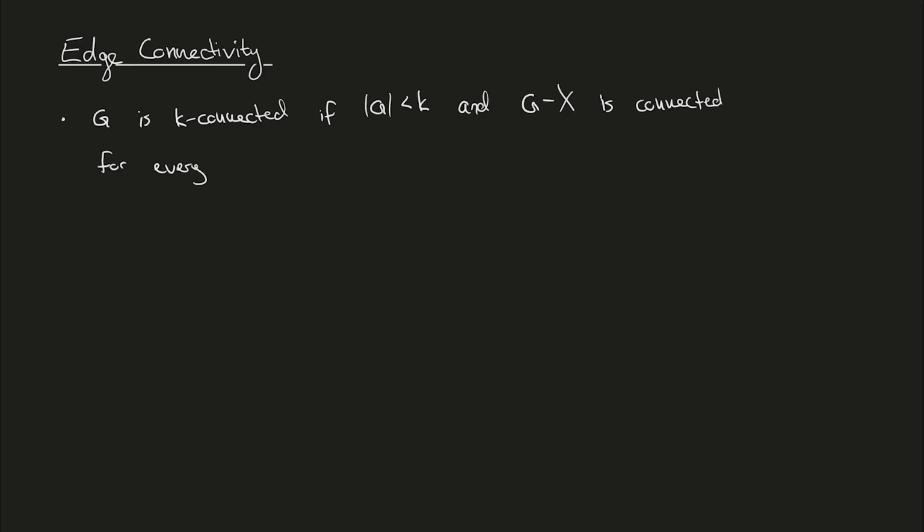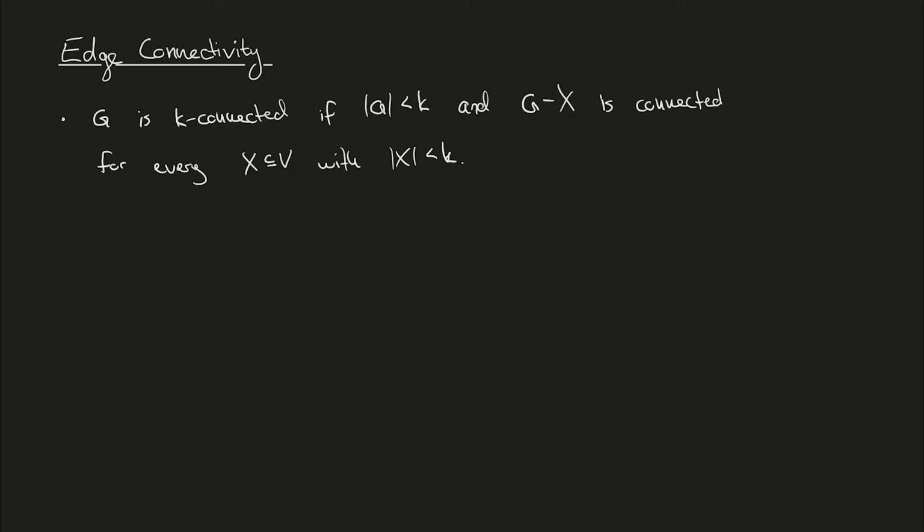Before starting, let's recall what it means for a graph to be k-connected. We say that a graph G is k-connected if, first, the order of G is strictly greater than k, and G minus some set X of vertices is connected for every set of vertices of G with the size of that set being strictly less than k.